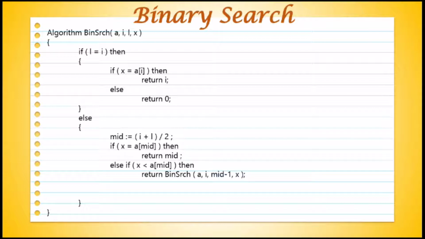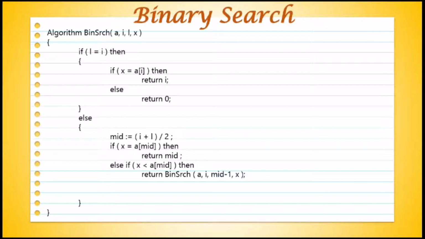that means we will recursively call the same binary search function, but here we are changing the value of the last position. That means if X is less than the middle value, our searching element may be present below the middle value. So that's why we are changing the last position.